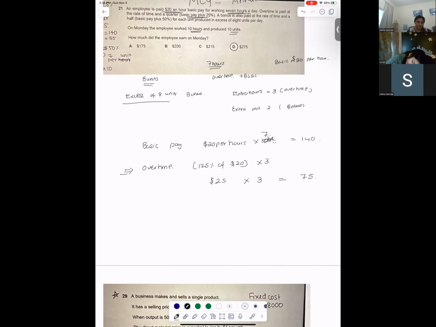And then over and above that, you are producing how many extra units? You're producing 2 extra units. So bonus for 2 units. You're going to get 150% of $20.